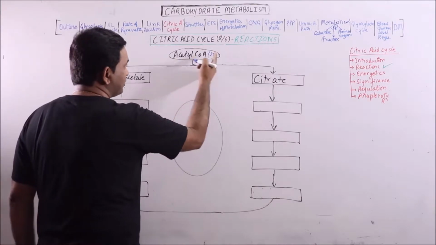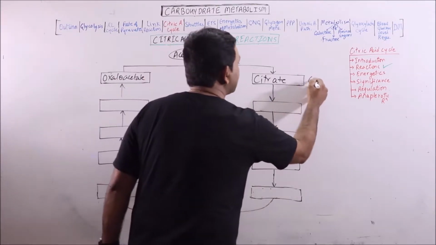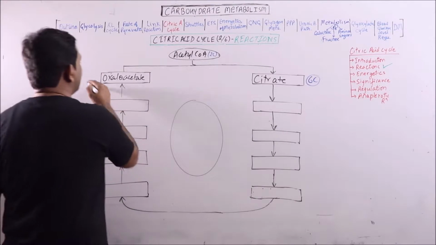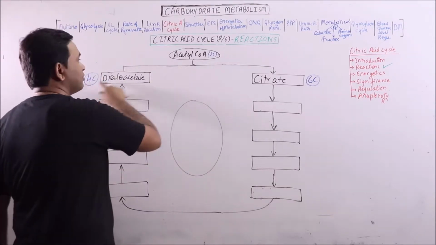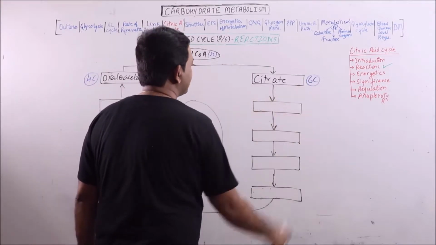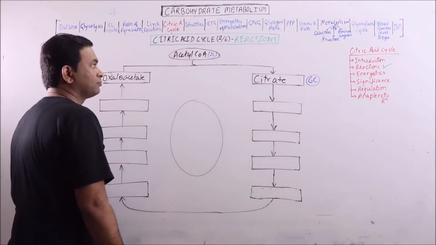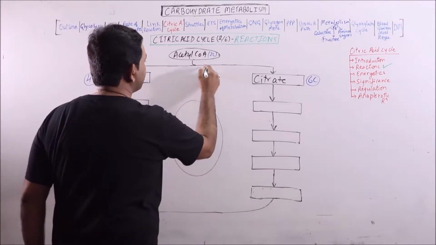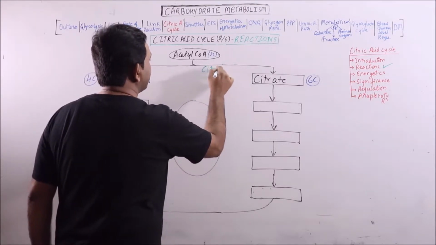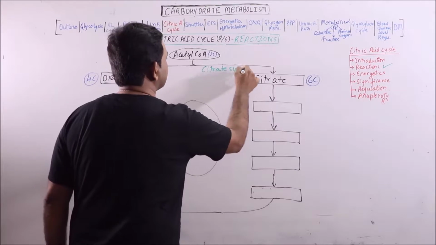Acetyl coenzyme A is of 2 carbons, citrate is of 6 carbons, and oxaloacetate is of 4 carbons. So 4 carbon plus 2 carbon, and citrate is formed, which is a 6 carbon compound. The enzyme which mediates the synthesis of citrate is citrate synthase.